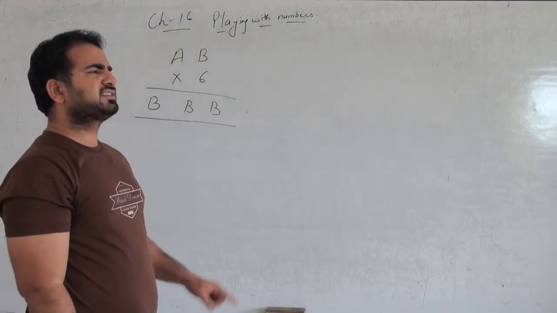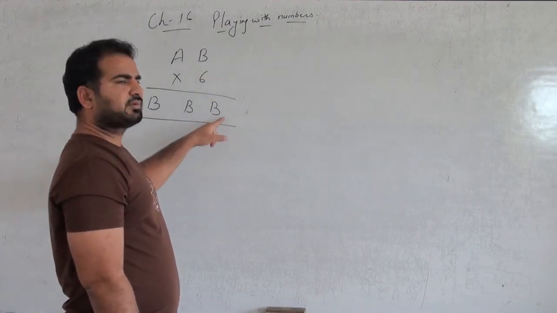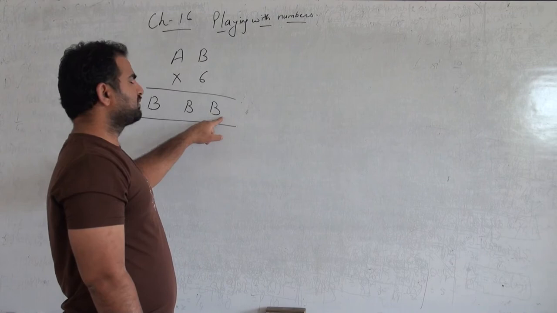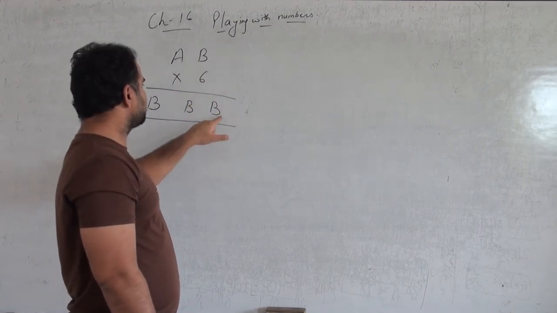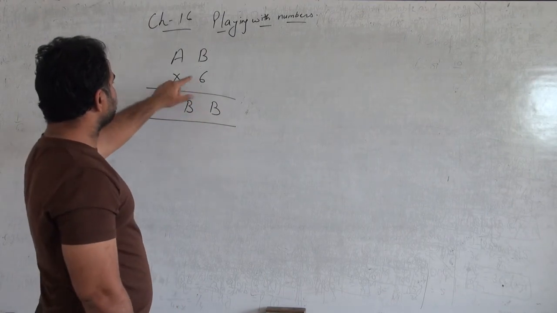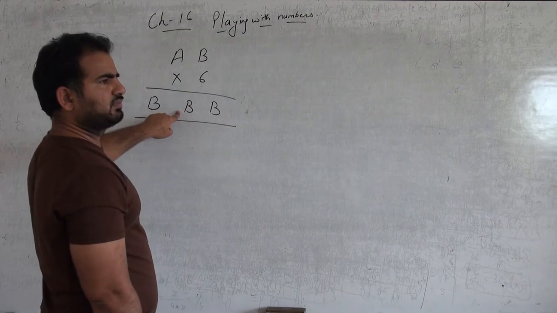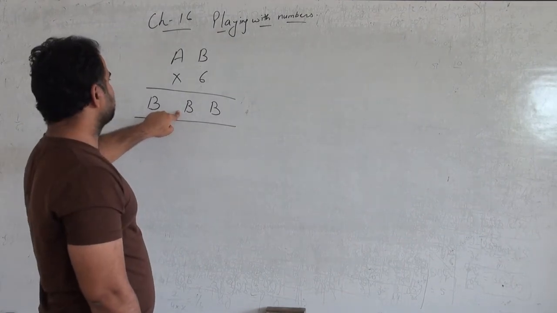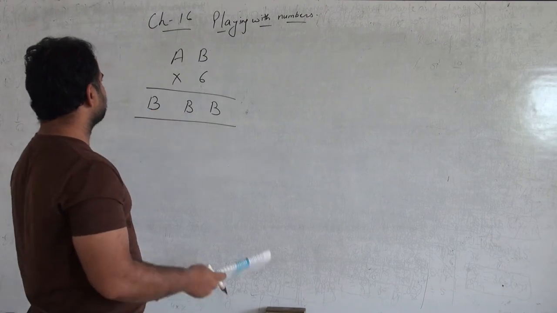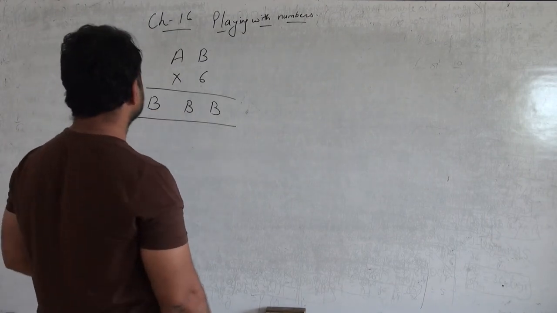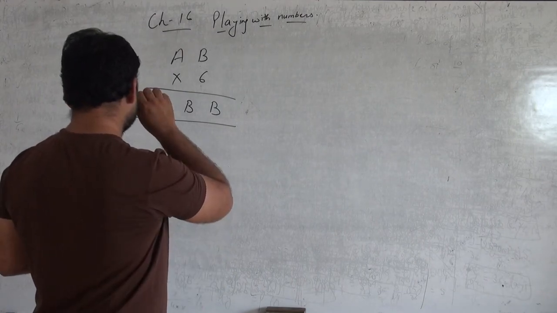So, we can say that 6 into 1 will be 6, but it will not work. 6 2s are 12. Okay, so we can write there 2. But what if we multiply this by another one, so it should be 2? No. It should be 7, so it will be 42, and this is not the final answer. So we can say that B should be 6 because 6 gives the final answer.